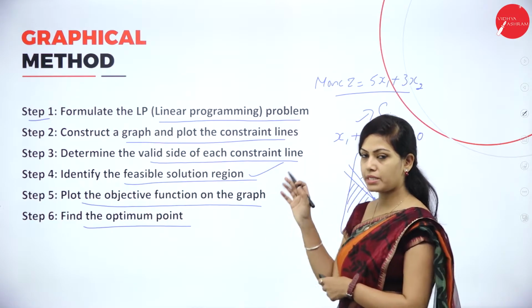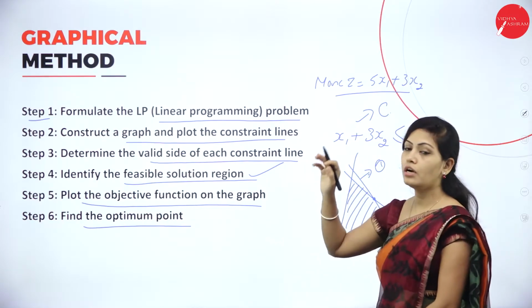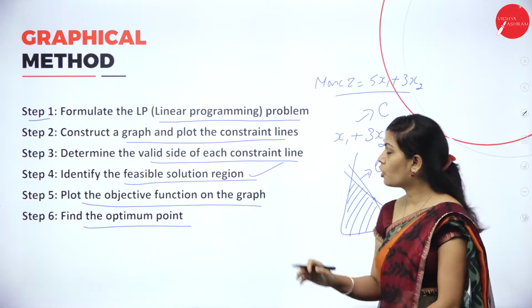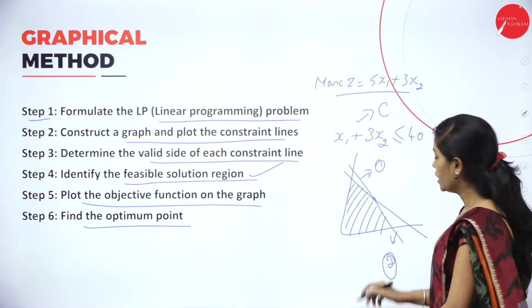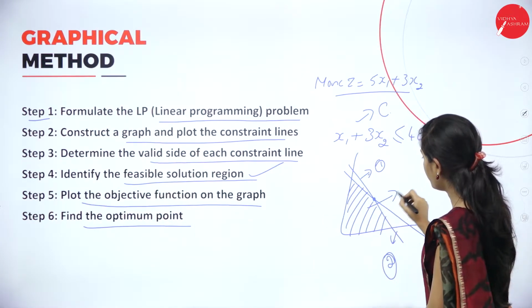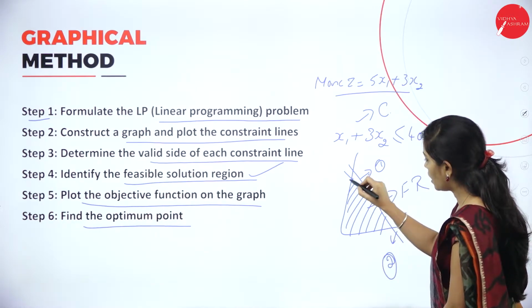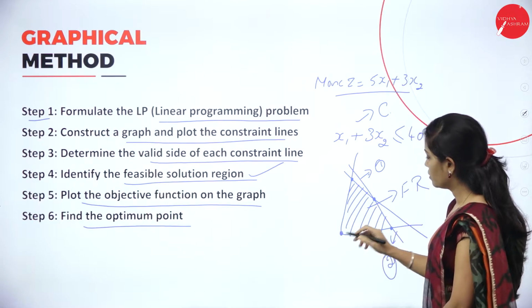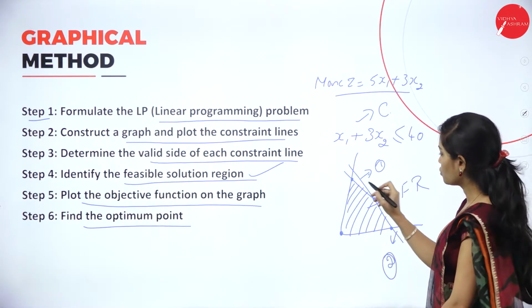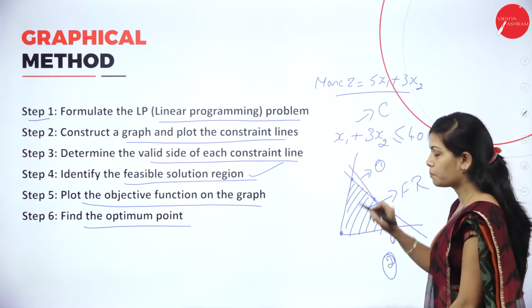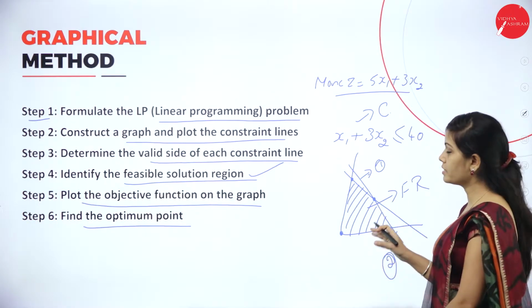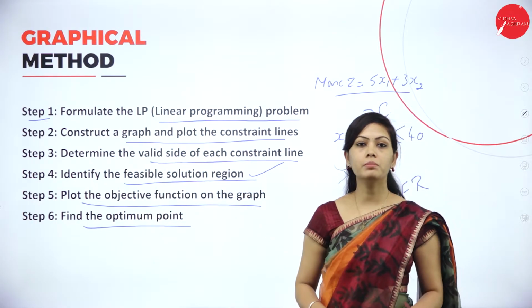So, for maximization problem, you can find the optimum profit. So, how to find the optimum profit? So, this is called as feasible region. So, here 4 points are connected to getting the feasible region. So, this is called as corner points. Using these corner points, we can find the optimum point.